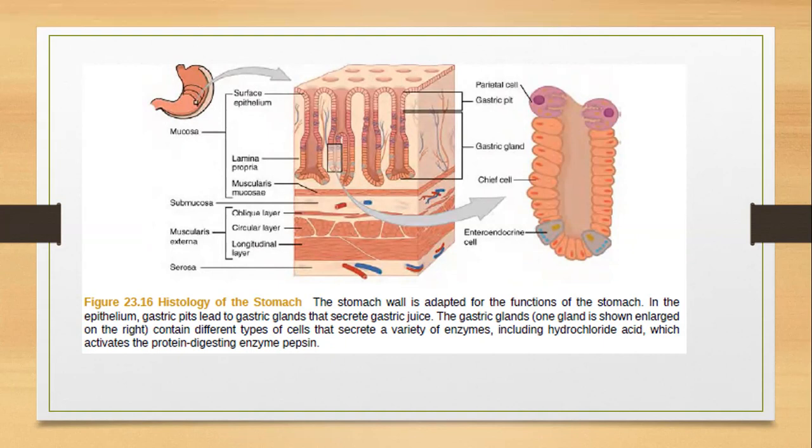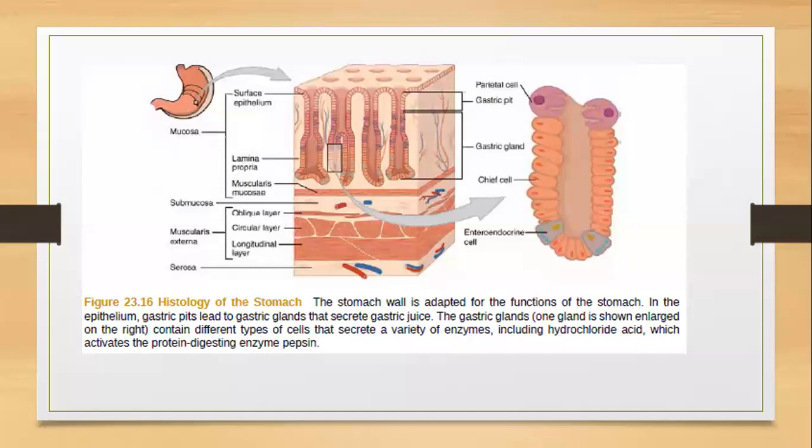So if you do not have intrinsic factor, although you have a diet that is rich in vitamin B12, you will have a problem in absorption of vitamin B12. For that reason, you'll end up having a deficiency disease.